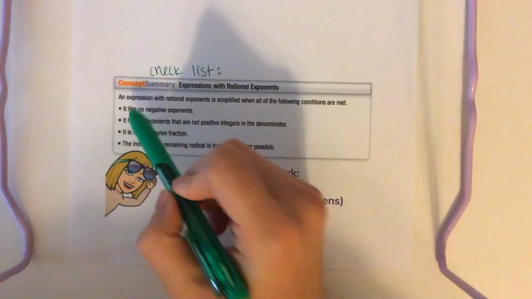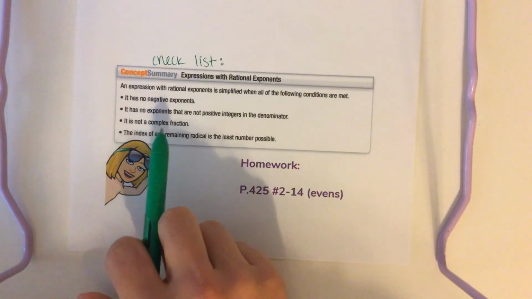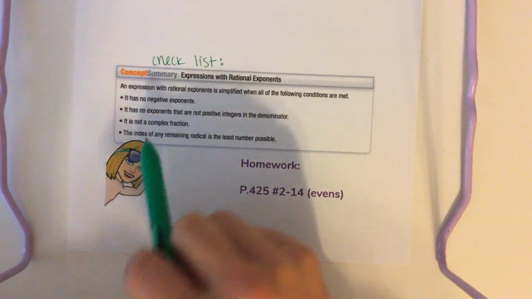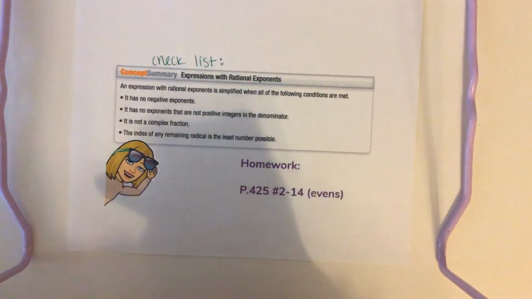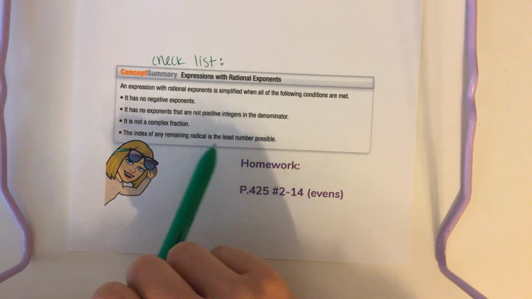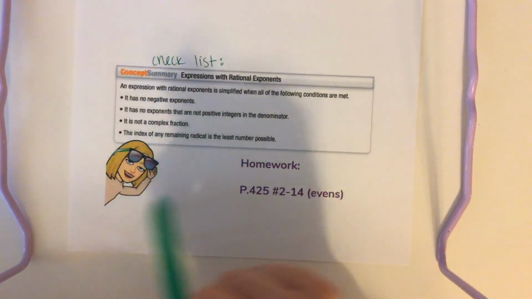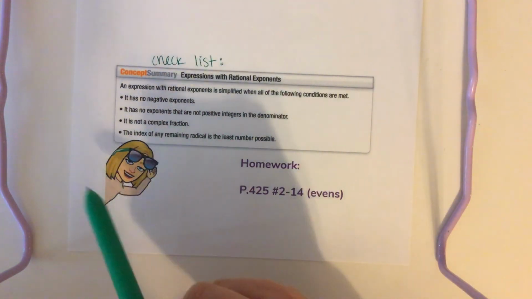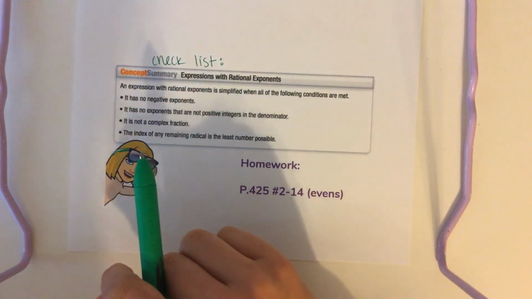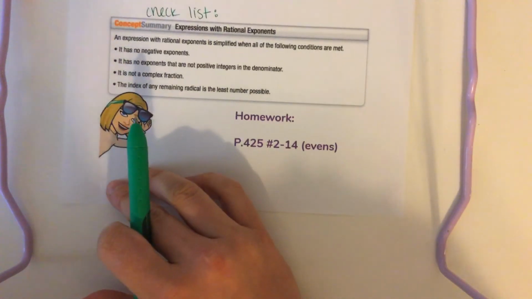There are no negative exponents, we're good. It has no exponents that are not positive integers in the denominator, no fraction exponents, it's not a complex fraction, we're good to go. The index of any remaining radical is the least number possible. We can't break down the radicals anymore using all those rules we learned earlier in the chapter. So use this checklist to see if you're done when you're working on your homework.